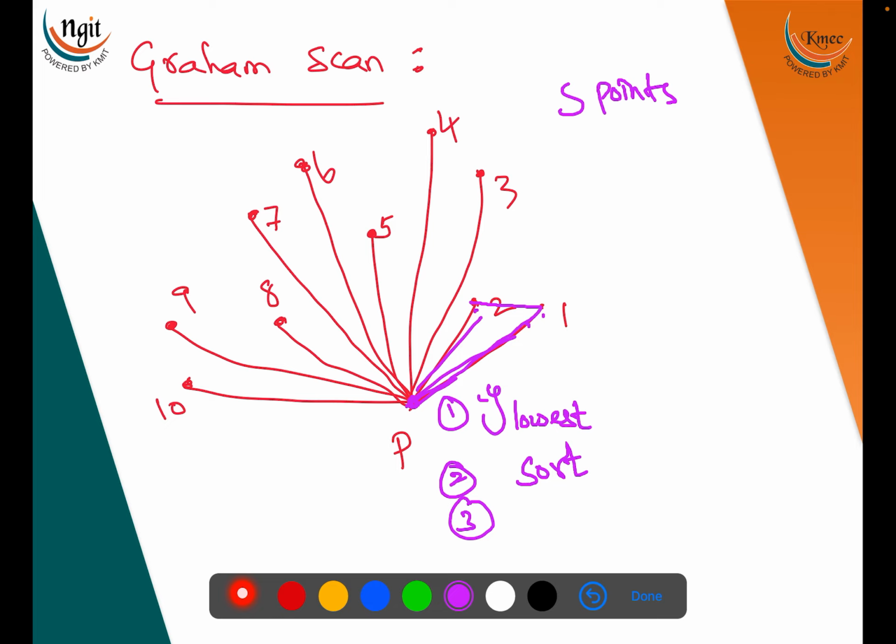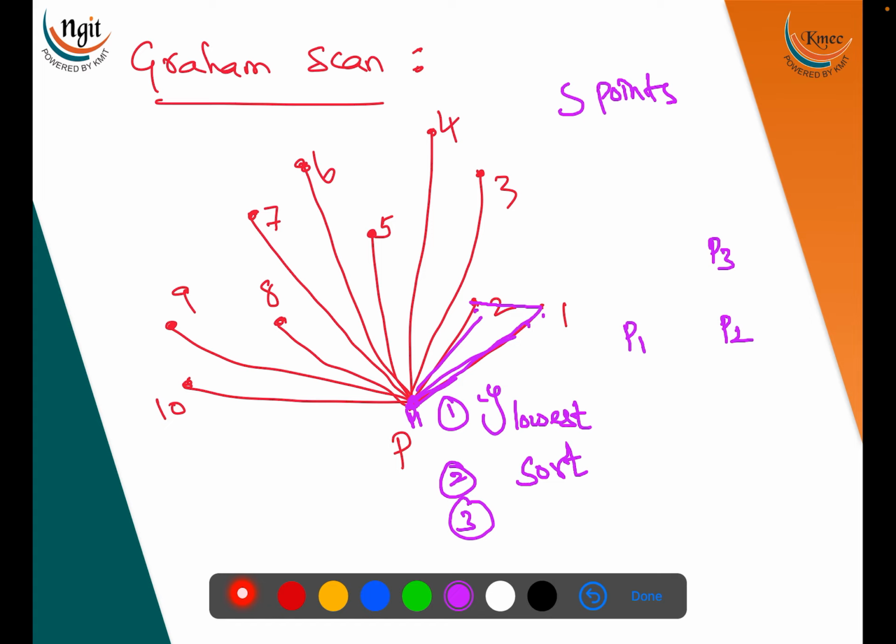On the other hand, if there were 3 successive points, I'll draw here P1, P2 and P3, that form a right turn, then we can immediately eliminate P2 since it cannot lie on the convex hull.